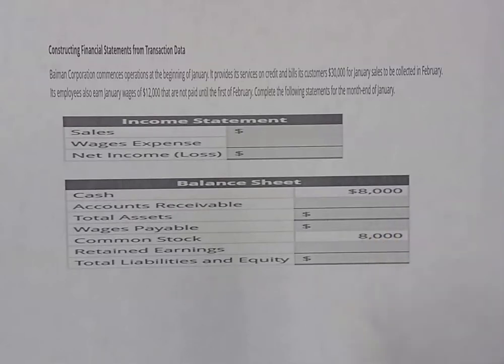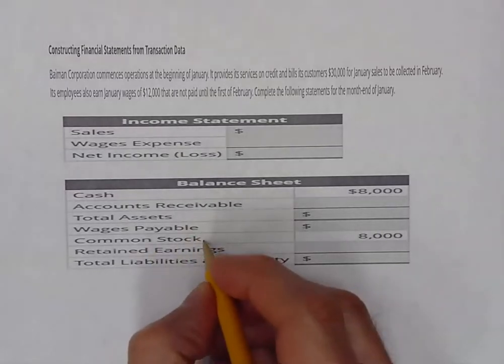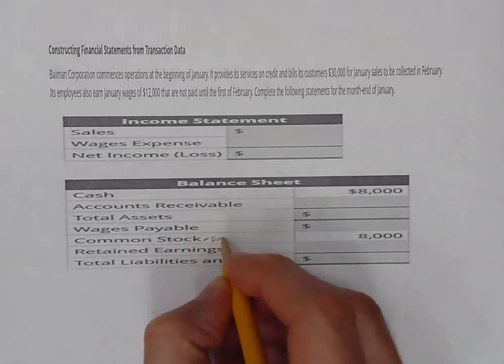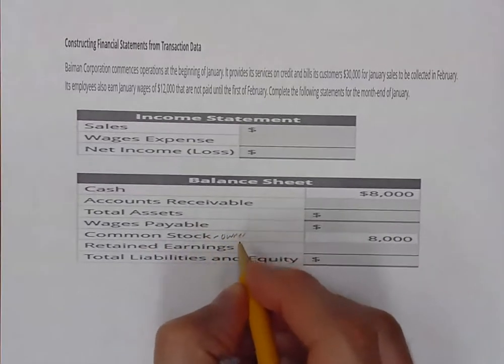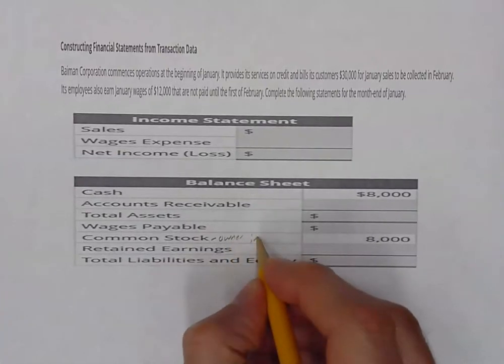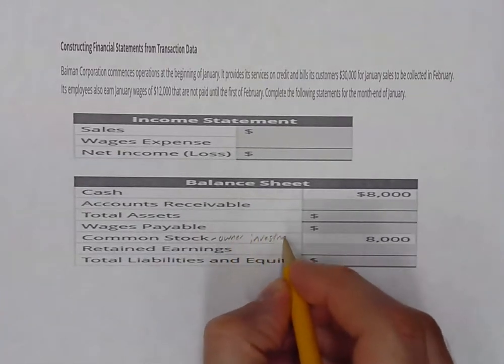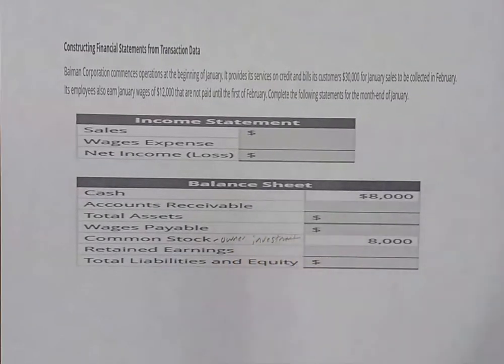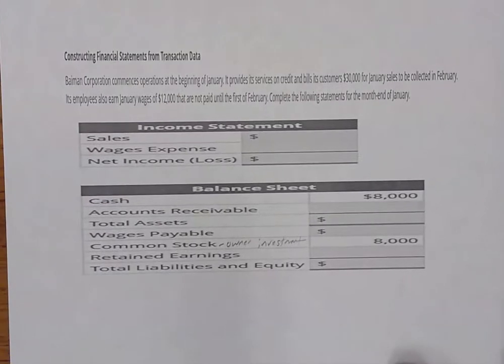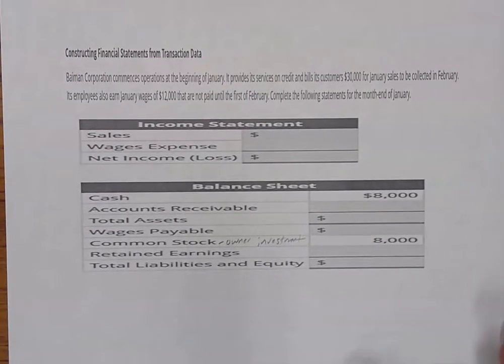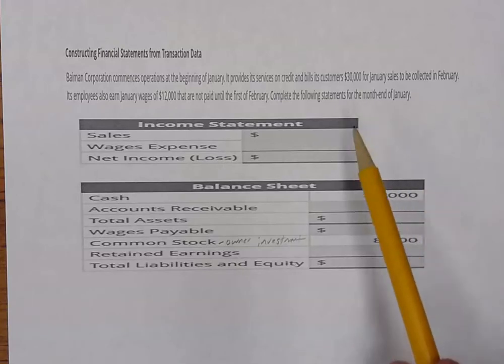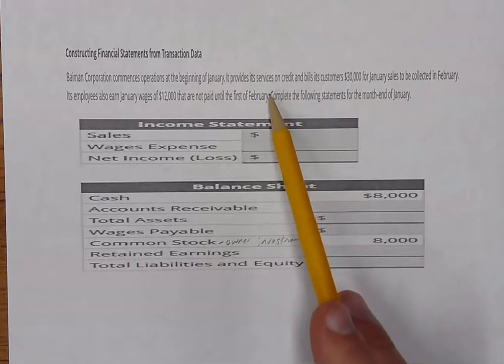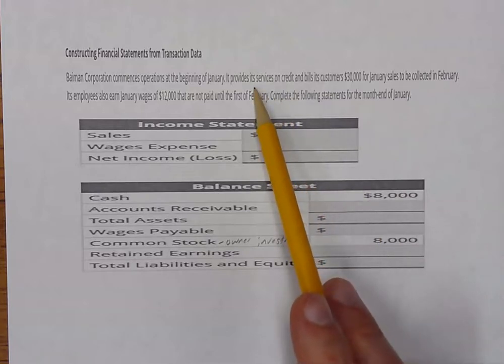Common stock, as we've said before, is one of the forms of owner investment. Okay, so right now, before we do anything, our owner's equity is $8,000 and it is made up wholly of common stock.